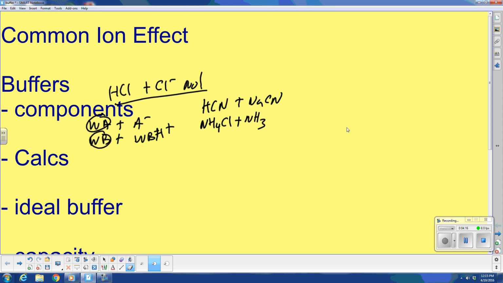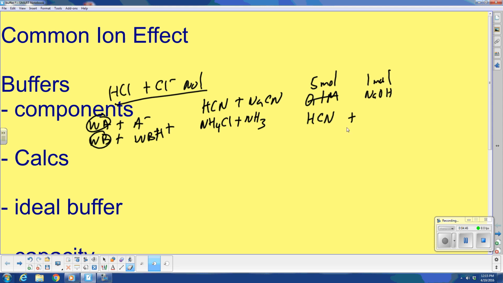Got it? Now watch out. There's a way that they can make a buffer solution. For instance, let's say I start off with HCN, and I have 5 moles of HCN, and then they say we're going to add some sodium hydroxide, and we're going to add 1 mole of sodium hydroxide.